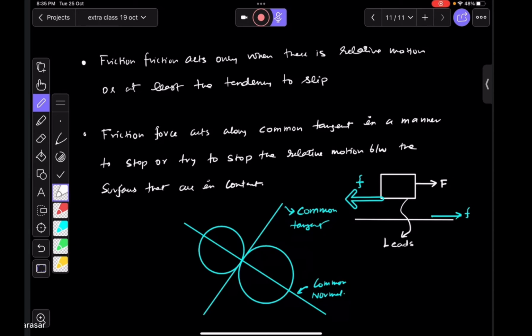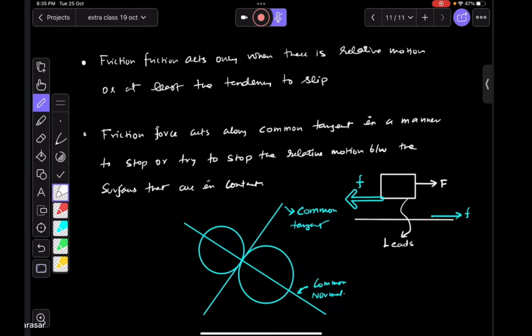Suppose somehow I can make the ground also move along with the block as the block moves, then there will be no slipping, then there will be no requirement for the friction to come. So I can make the surfaces not slip by trying to make the ground move along with the block, correct? So how must friction force act on the surface, forward or not?